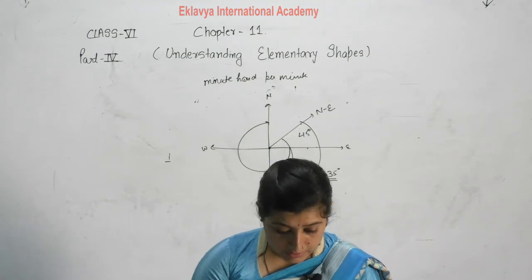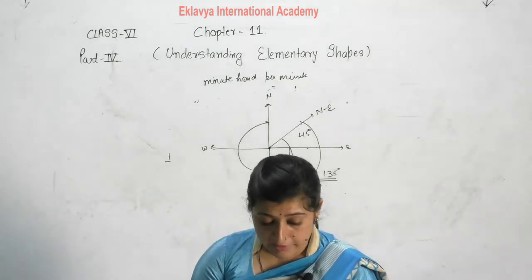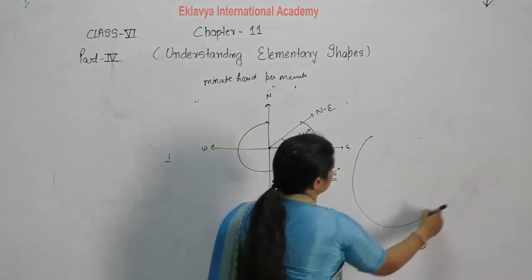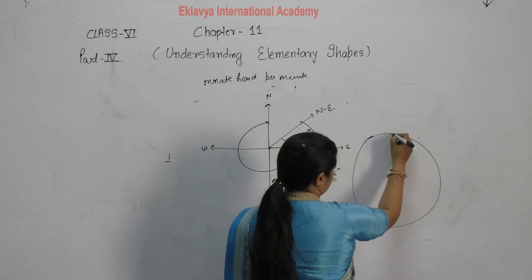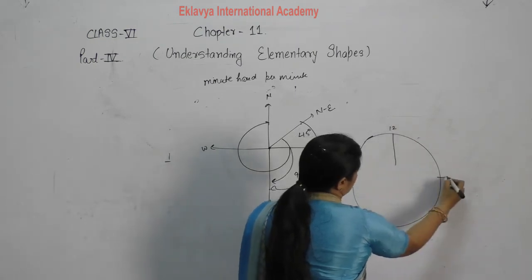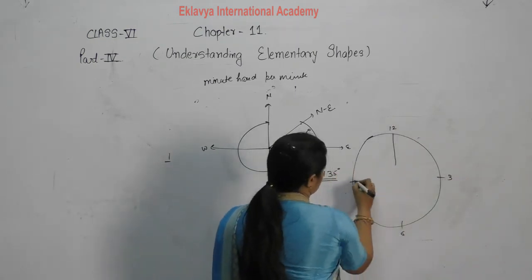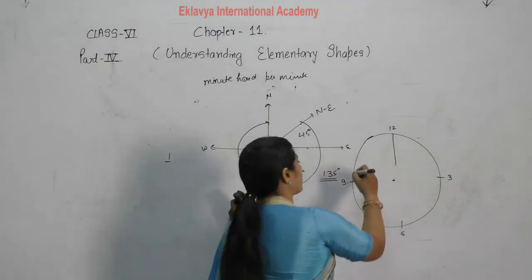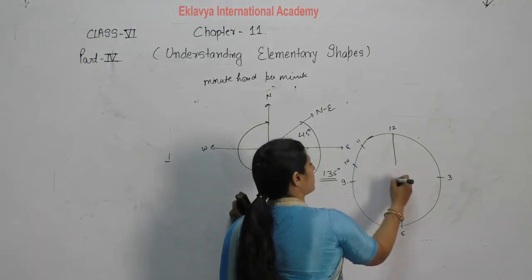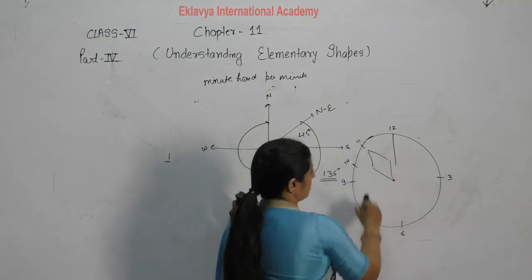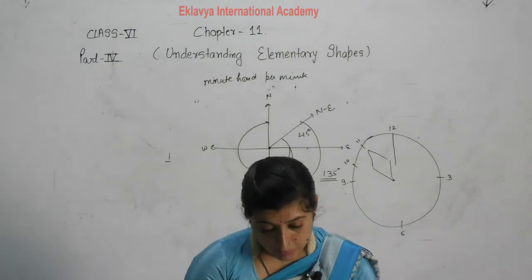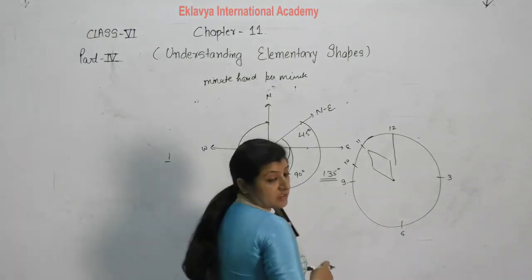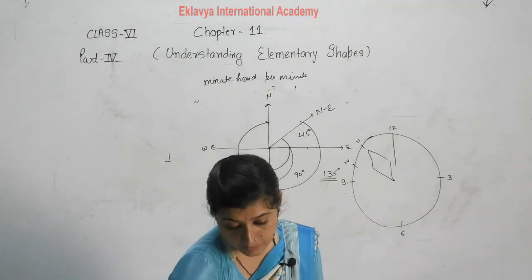Now see the next question. The minute hand moves 330 degree from 11 o'clock, 10, 11. From 11 o'clock it is now at 330 degree from here. It is given to you.